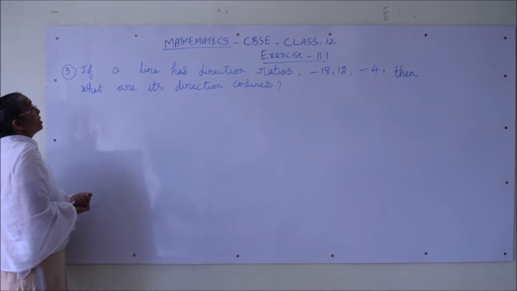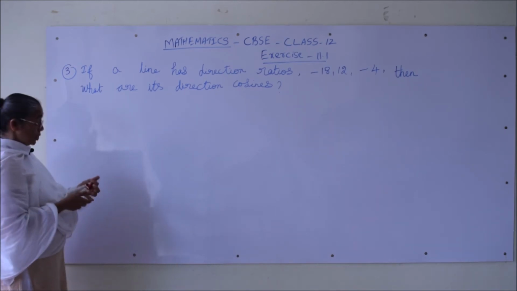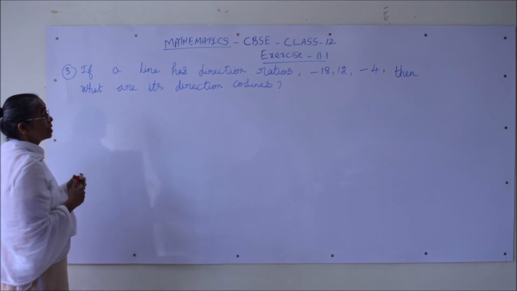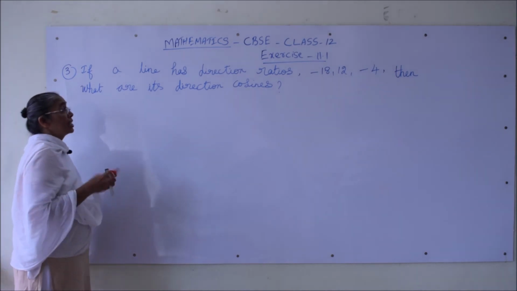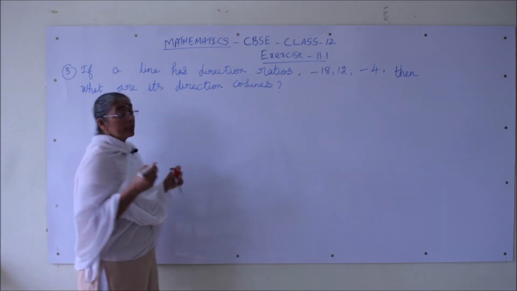Now, third question: if a line has direction ratios minus 18, 12, minus 4, then what are its direction cosines? So, try to recollect the formula.